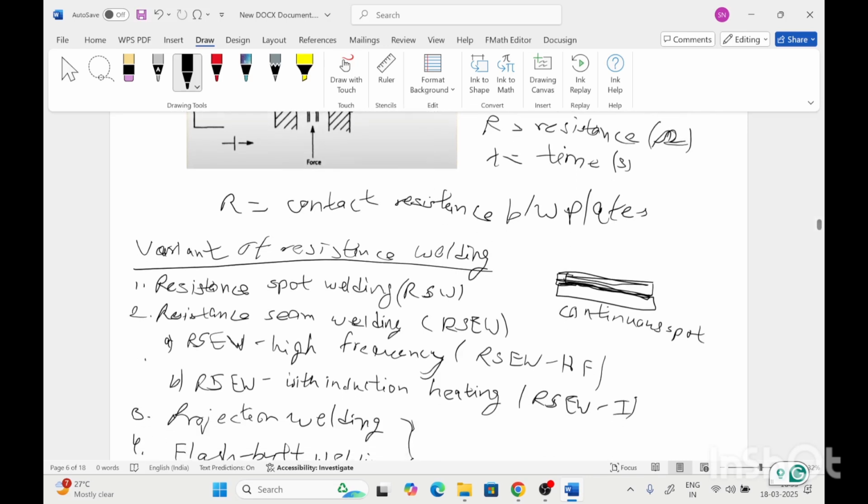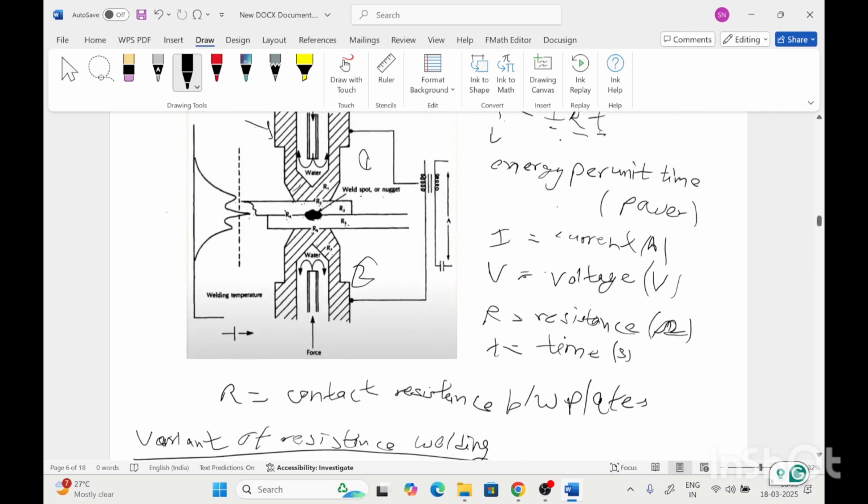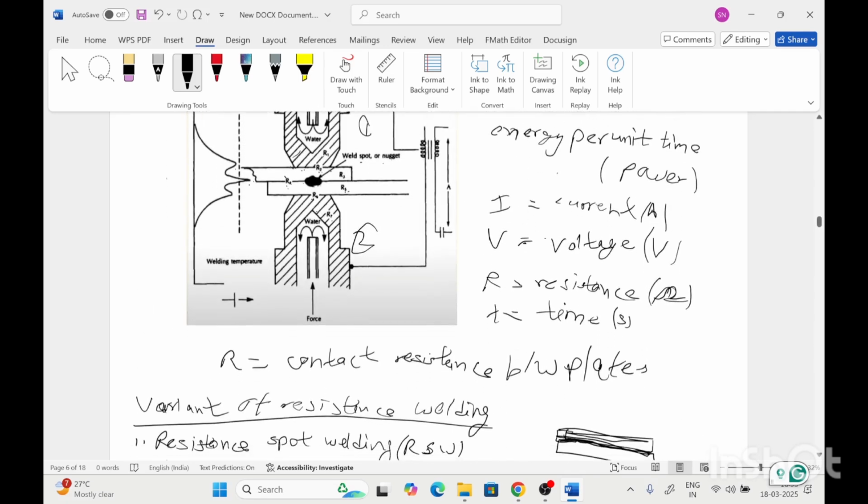So if we classify the resistance welding, first comes... Excuse me. If the thickness of these two plates differs, suppose the upper plate is thicker than the lower plate, will there be any variation in this setup?